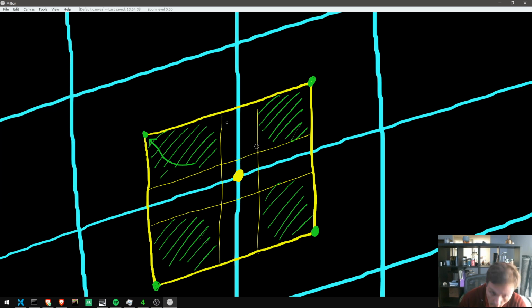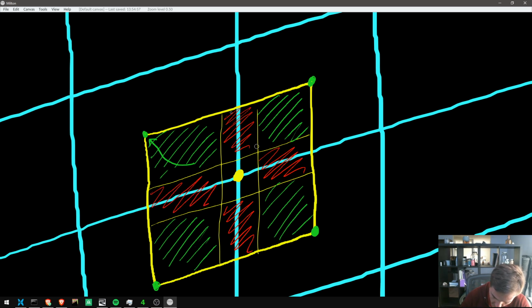Then, if you're in any of these subzones here, where you're not inside the interior box, then you're going to map to, like this one here, maps to this entire edge here. It expands out with this side here mapping.